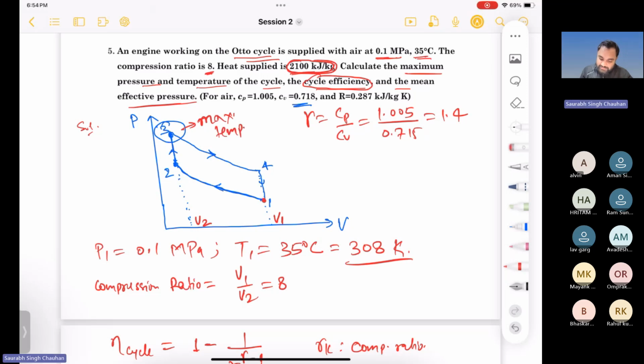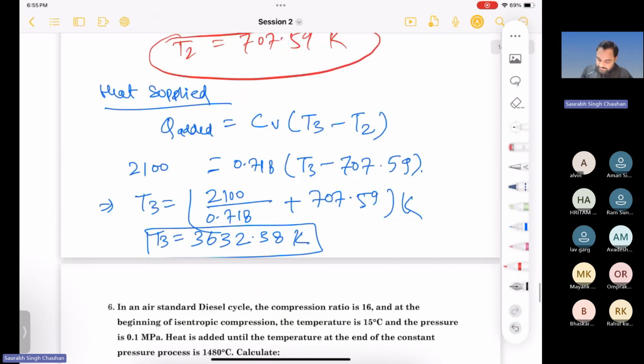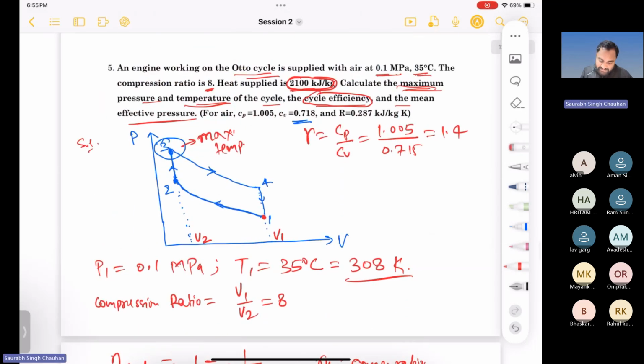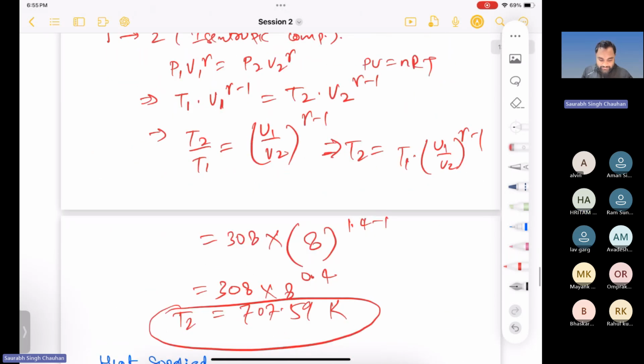We are asked to find the maximum temperature, and we have calculated it. So this is the maximum temperature. What else is there? Maximum pressure is again at point 3, correct? So we have to calculate P3.